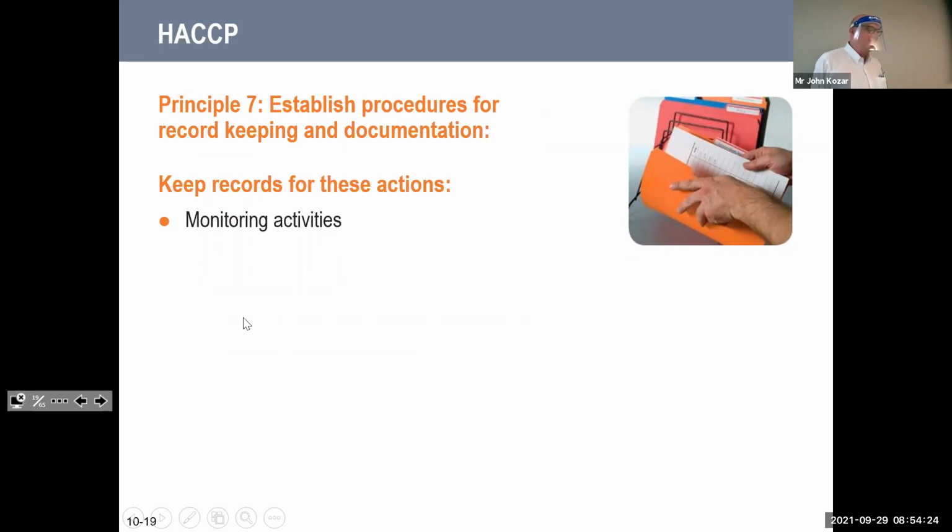And then we need documentation. We need to keep files on our monitoring activities.